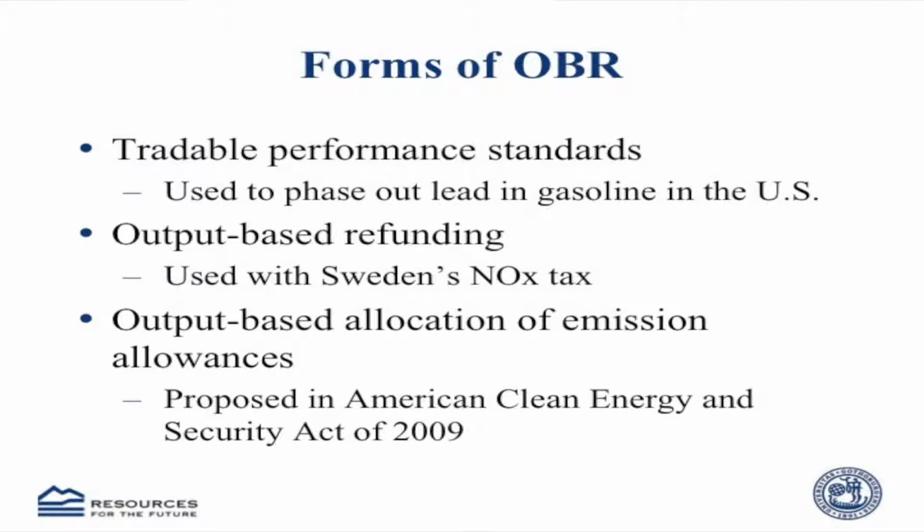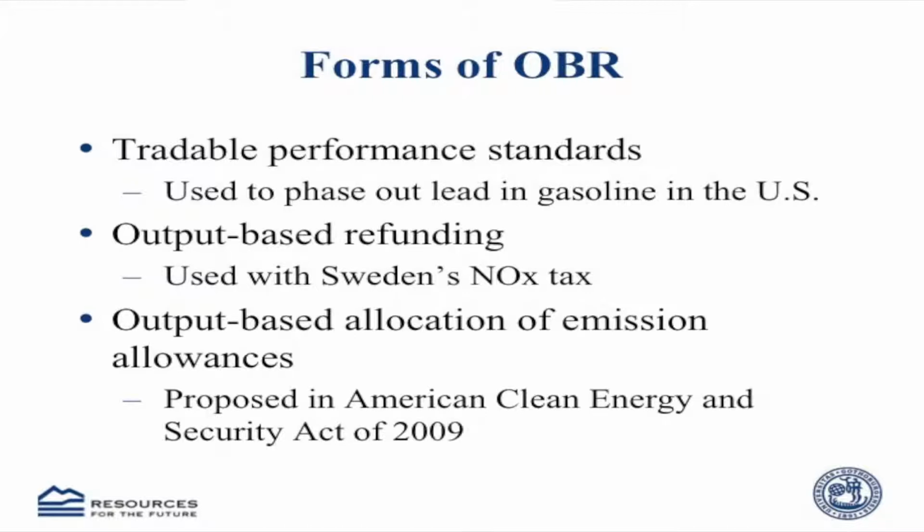Tons of steel or however you want to measure that. So probably the most explicit proposal for this kind of allocation was in the Waxman-Markey bill in the US, the American Clean Energy and Security Act, which passed the House but didn't pass the Senate, and so it's law. It never became history.